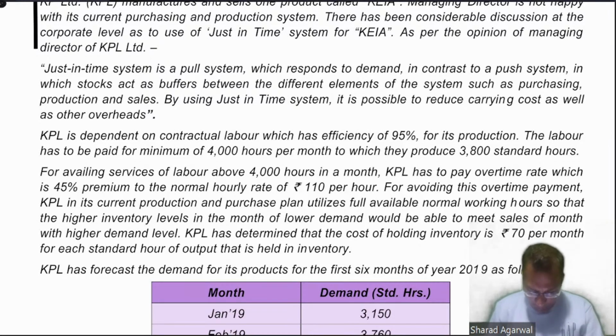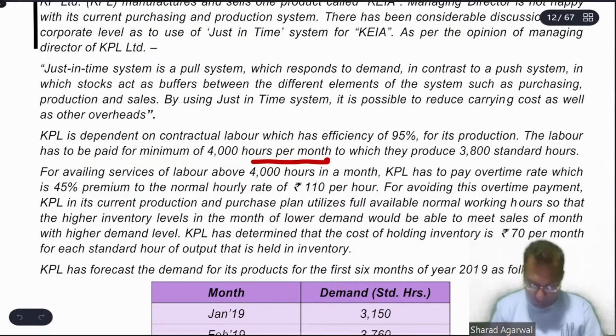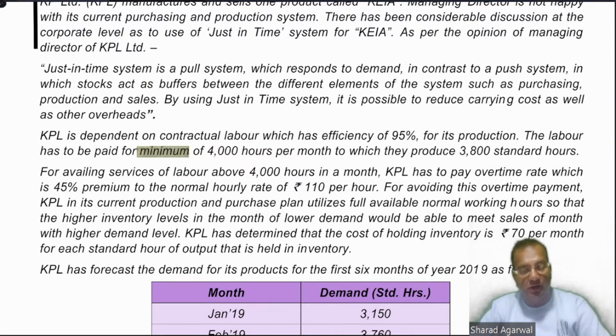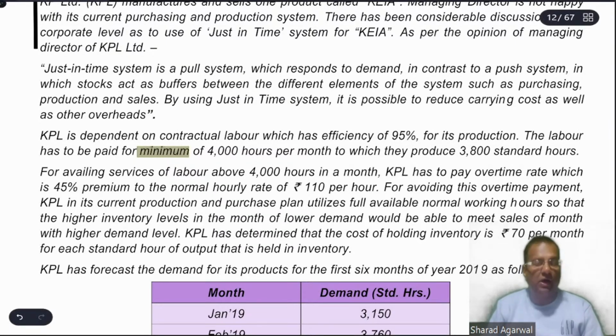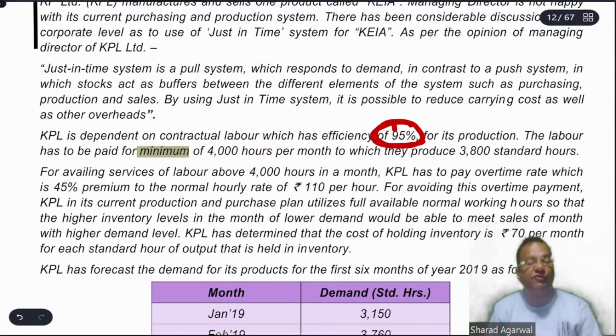So therefore, the labor has to be paid for a minimum of 4,000 hours per month. This word is very important. Minimum of 4,000 hours per month. Whether you have work for 4,000 hours or not, you have to pay the worker for 4,000 hours. But if the worker works for 4,000 hours, they will not provide output equivalent to 4,000 hours because the efficiency is 95%.